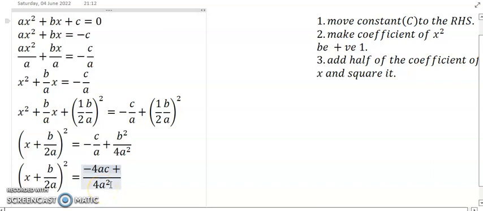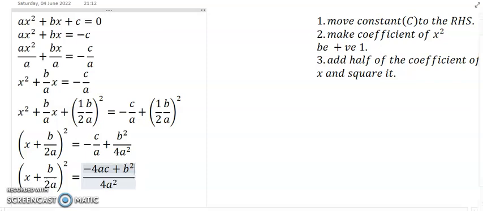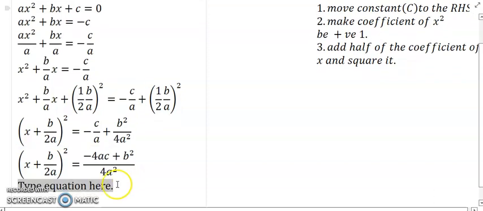Then 4a squared will divide with 4a squared, then we will be left with 1. 1 times b squared will give us b squared, then b to the power 2. Okay guys, from here we can just do it like this.